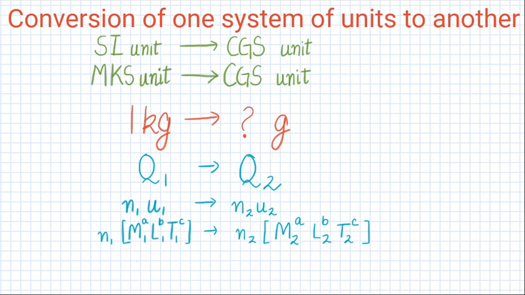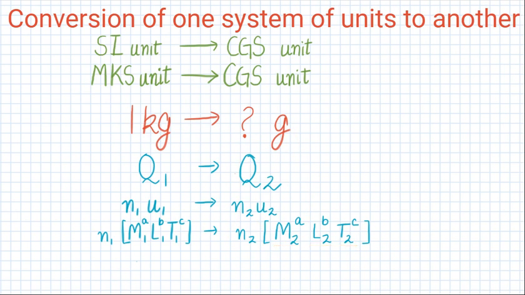So what you are doing is converting this unit to another unit. Similarly, this number N1 will also change to number N2. Here this 1 is represented by N1, this kg is represented by some power of MLT. Here this question mark is N2, we don't know its value, and this gram is represented by some power of MLT.